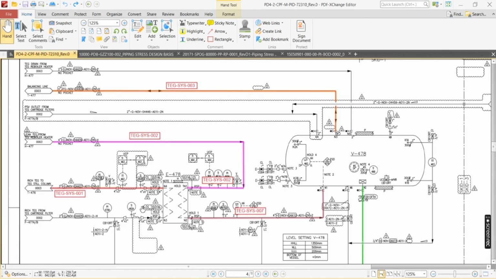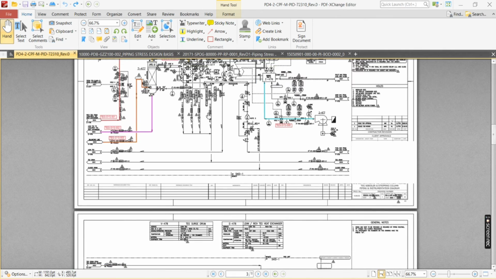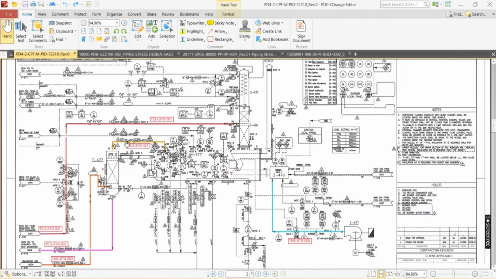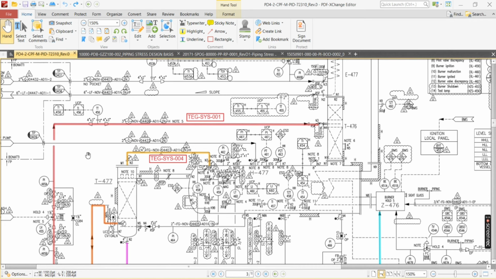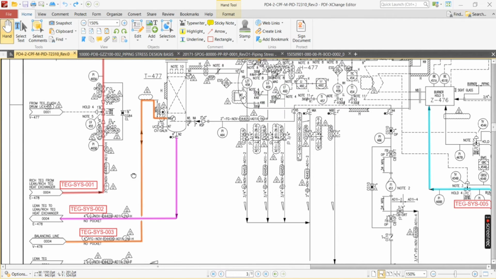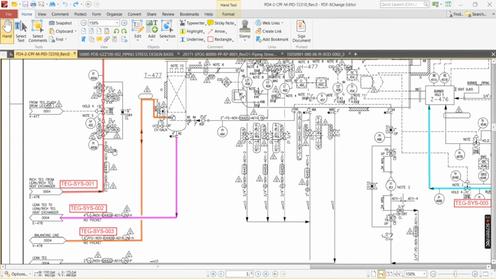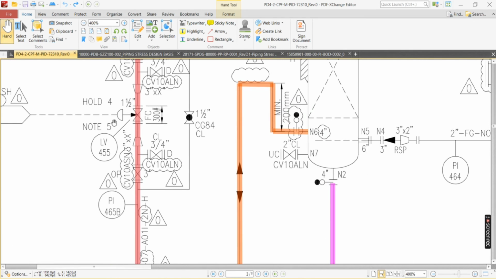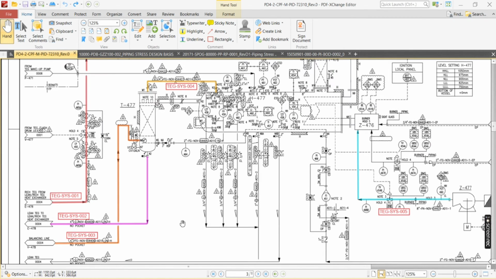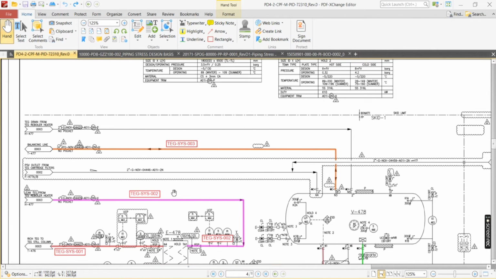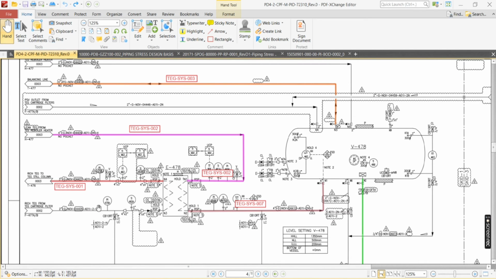In some cases we need to check whether any other lines are interconnected to these lines. I think there is no line connected to this. You see some control is there, but there are no other lines connected, only one line.